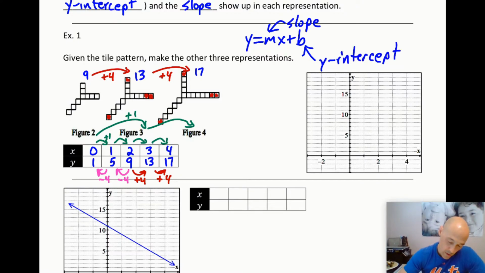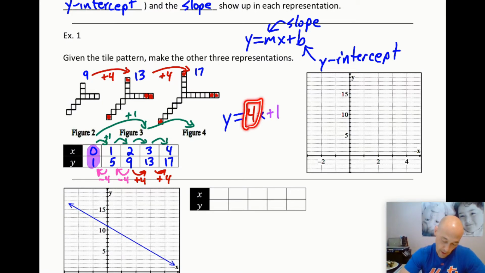So it's going to be y equals, our slope is 4, and right here, when x is 0, when the figure number is 0, the number of tiles, or y, is our y-intercept. So we have y equals 4x plus 1, and I'm going to do that plus 1 in purple so you can see that it comes from right there. It is the y value in our y-intercept.